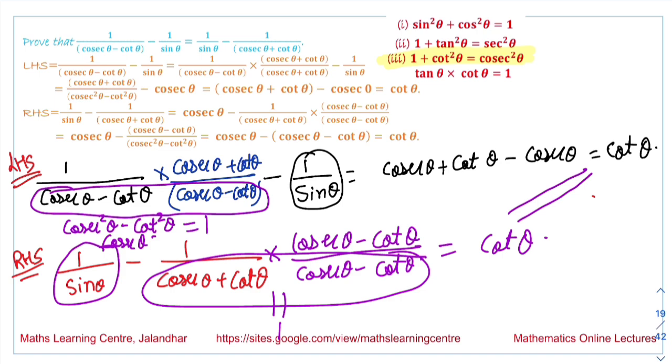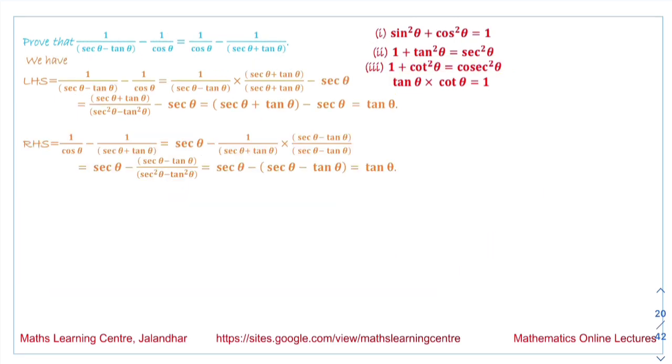Next, prove that 1 over secant theta minus tan theta minus cos theta is equal to this. Again, this is a similar kind of question. We have considered this LHS part, and multiplied and divided it with secant theta plus tan theta. We have used the identity in the form that 1 is equal to secant square theta minus tan square theta.